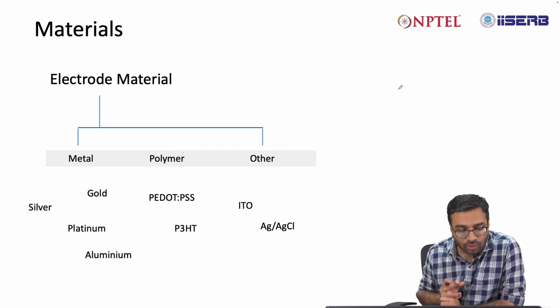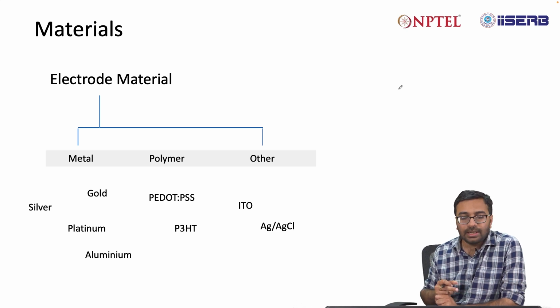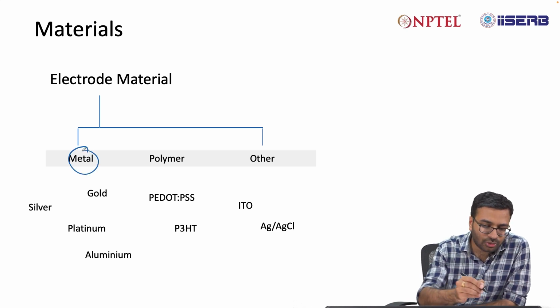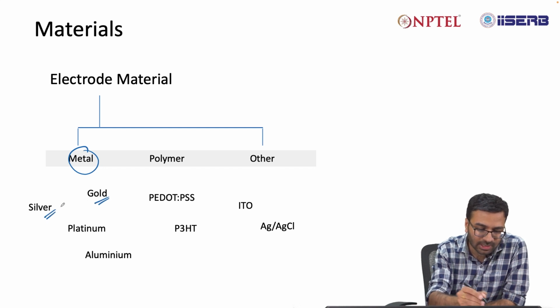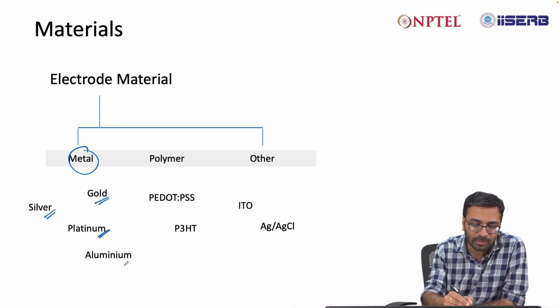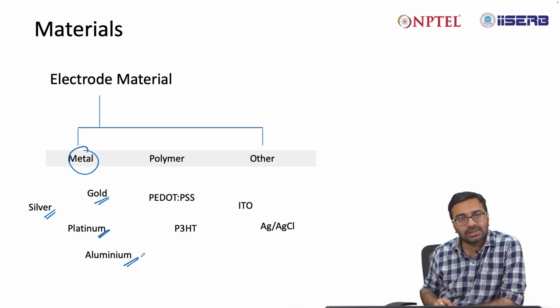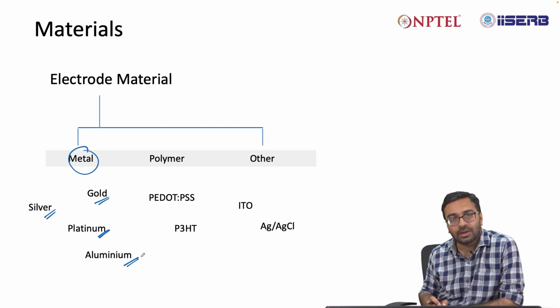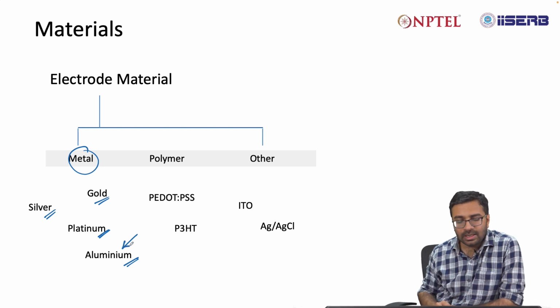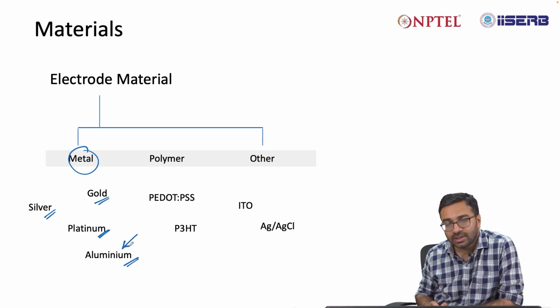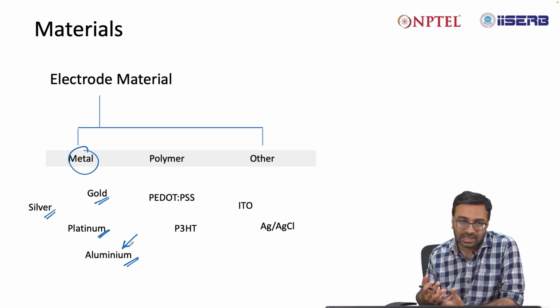Then we come to the electrode material. An electrode material can be a metal, usually made of gold, silver, platinum, or aluminum. Metals can be used for different electrodes, but one thing one has to consider is, for example, if the electrode is made of aluminum, then it may get oxidized if it is kept outside or in ambient condition.